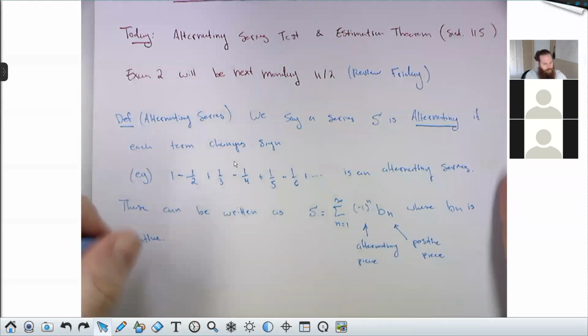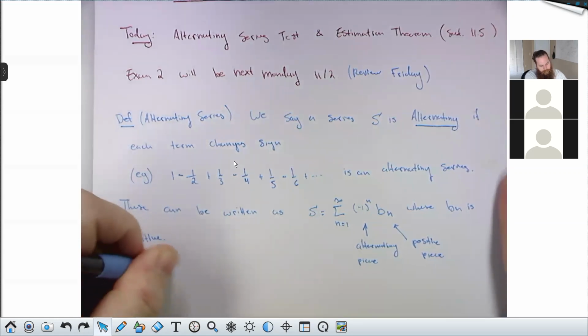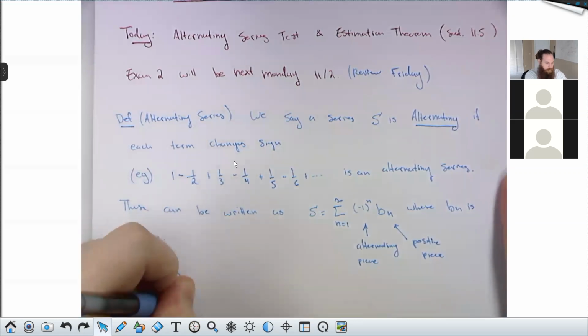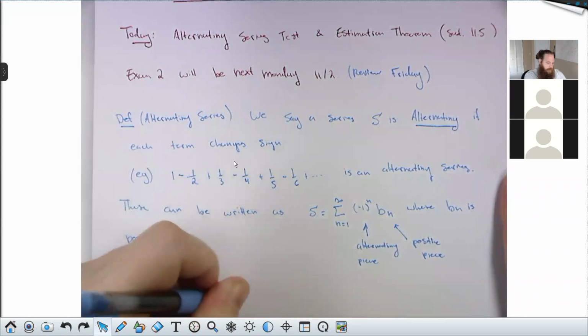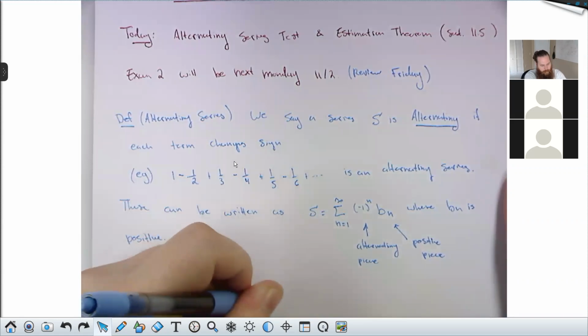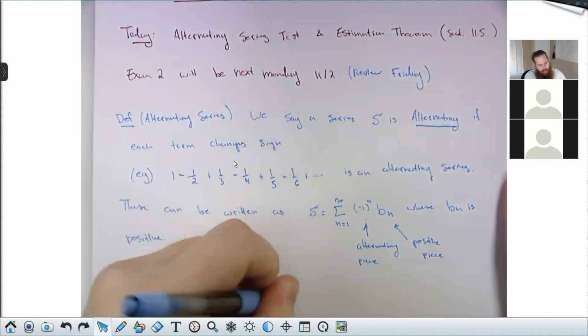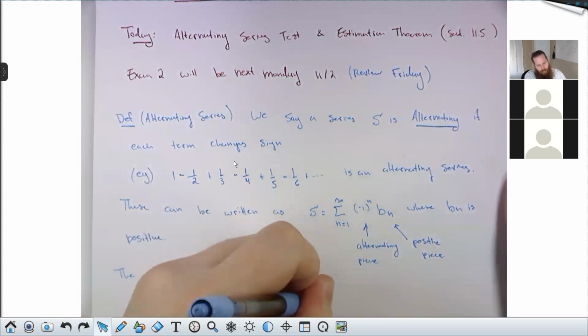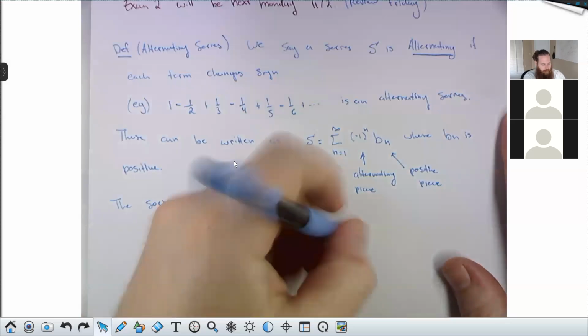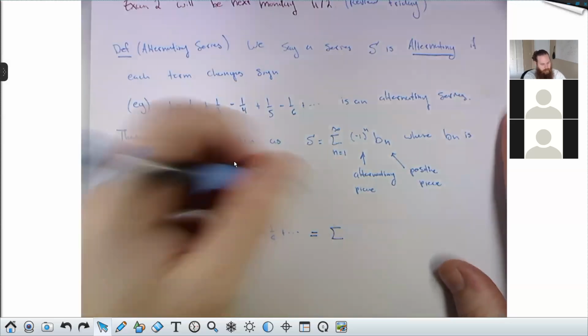So the series in the example: 1 minus 1/2 plus 1/3 minus 1/4 plus 1/5 minus 1/6, and so on. How could I write this in this form? This is sigma, because it's a sum, right?